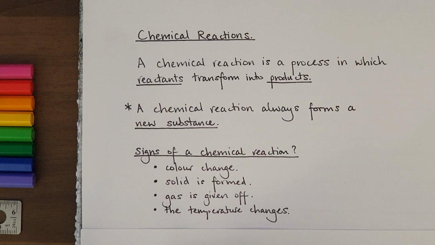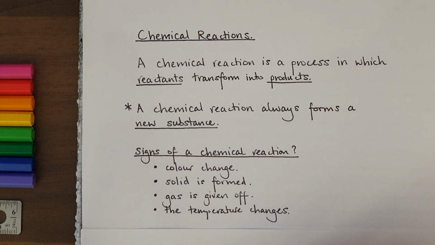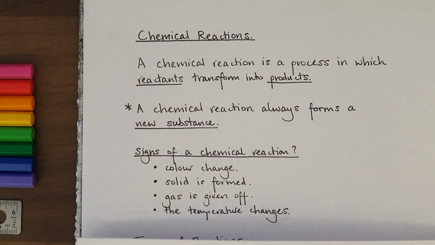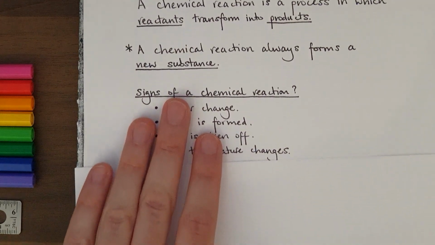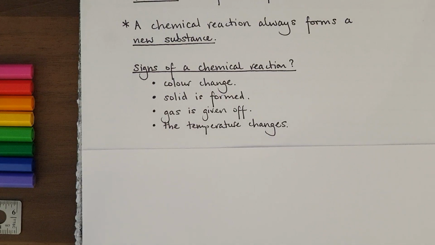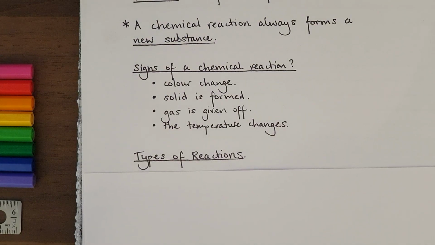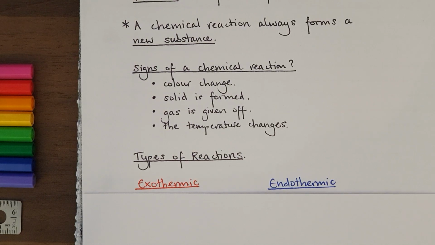Okay, so something new being formed, and those are the ways in which we can tell that it's happening. Now on top of that, there are a couple of types of temperature changes that you should be aware of. And these types of reactions that have temperature changes have specific names. So we call these exothermic and endothermic reactions.